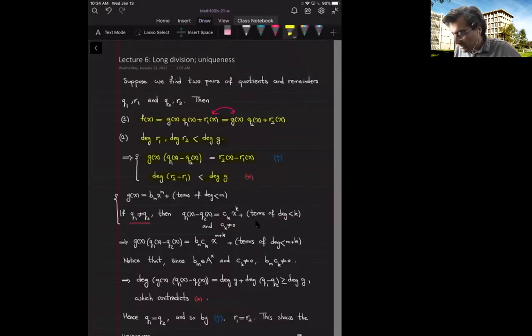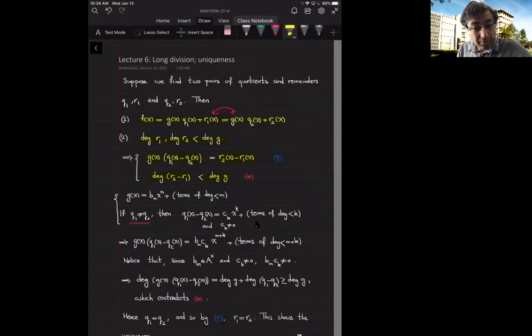Now you see, here I have a multiple of g, and I'm deducing that this multiple of g, which is r1 minus r2, has degree strictly less than degree of g. This cannot happen. If we had the equality that the degree of a product is the summation of degrees, then we could not have this.